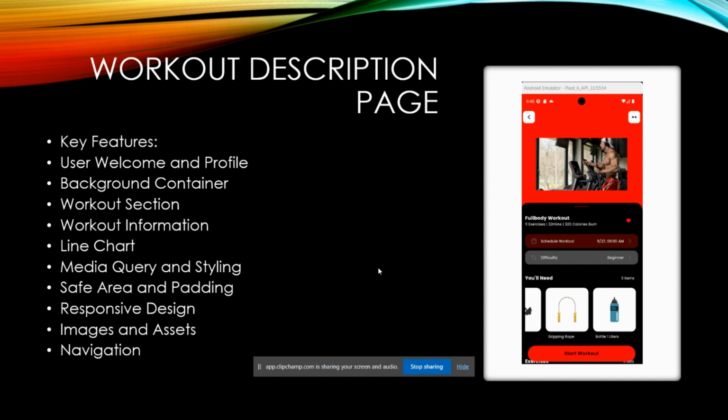You have a background container, you have a workout section positioning with the background container, you have a workout information displaying workouts, you have a media query and styling, you have basically a safe area and padding, responsive design, and you have images and assets and navigation. Images and assets was probably one of the more basic concepts.